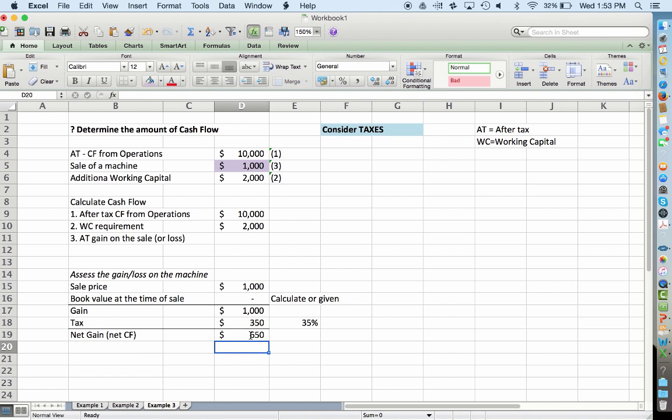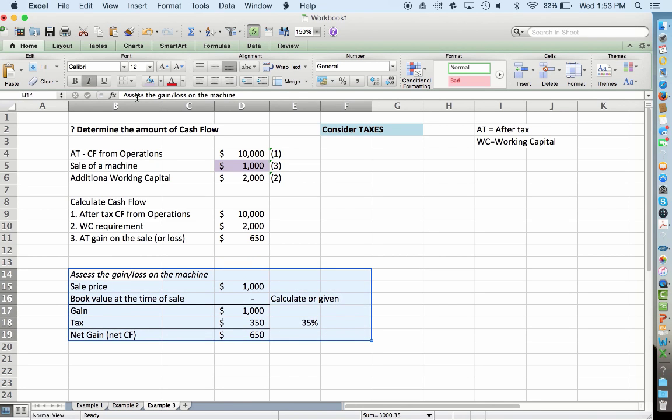So when I look at the actual cash flow, the amount of money that I'm going to put in my wallet, the after-tax gain on the sale is not $1,000, it's $650, because I'm going to have to pay tax on it. So when you guys are doing these problems, you want to isolate these types of sales of equipment or machinery or trucks or whatever and calculate this net gain. Okay, so this is sometimes kind of a sub-analysis that you have to do.